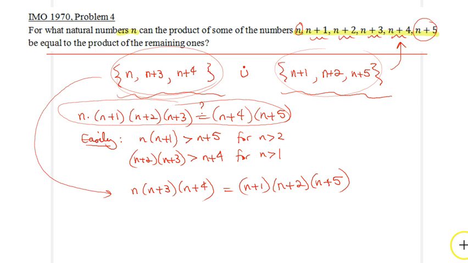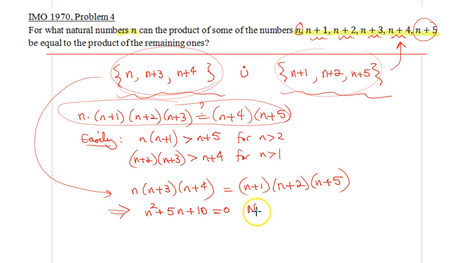After you do all the arithmetic and the algebra, you will get 2 cubic expressions, the n cubes will cancel out. Ultimately that would lead to n squared plus 5n plus 10 equal to 0, but that has no integer solution.